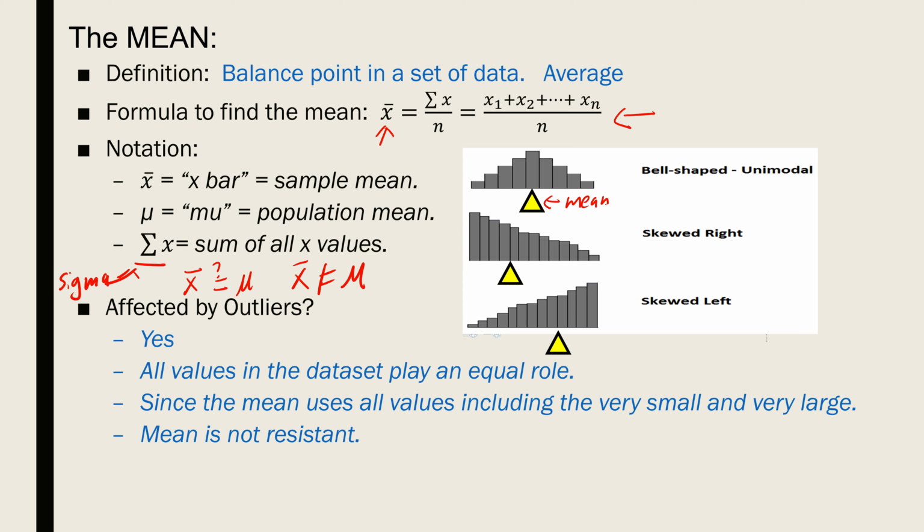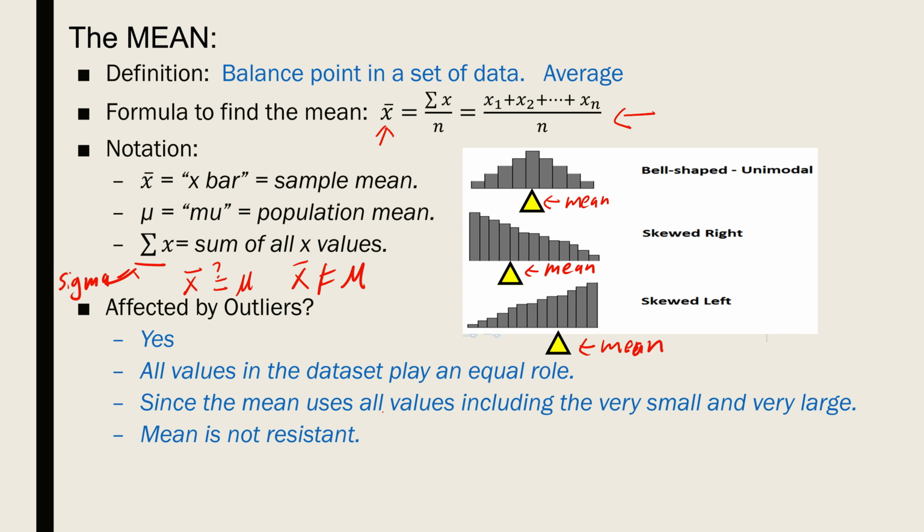For a skew to right histogram, usually you can find the mean at the left part of the histogram. For a skew to left histogram, usually the mean will locate at the right part of the histogram.